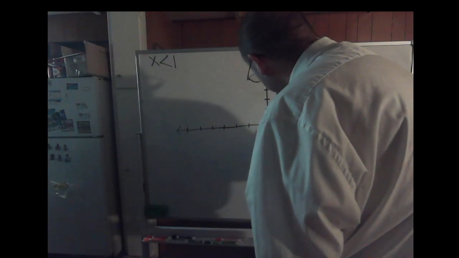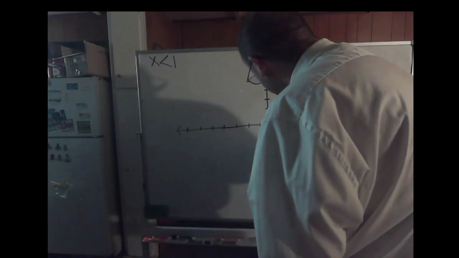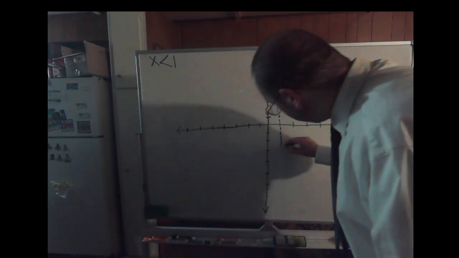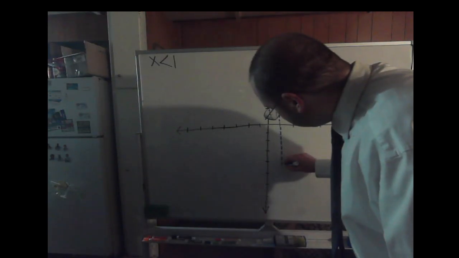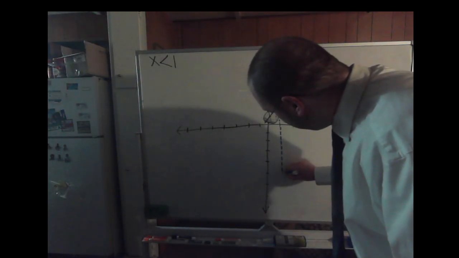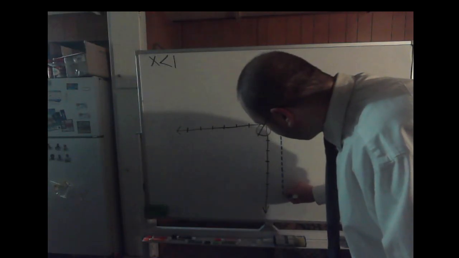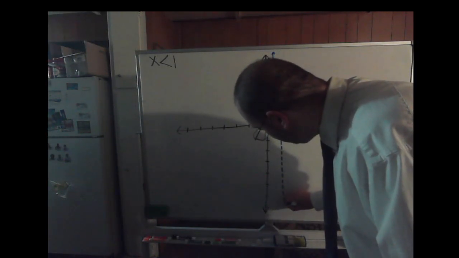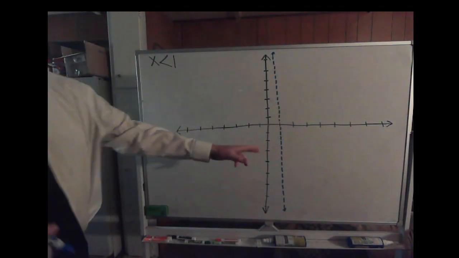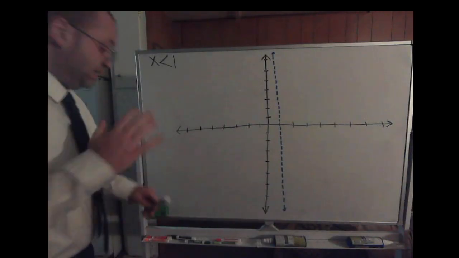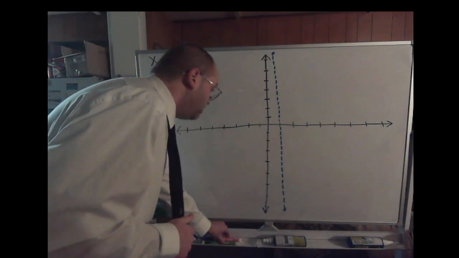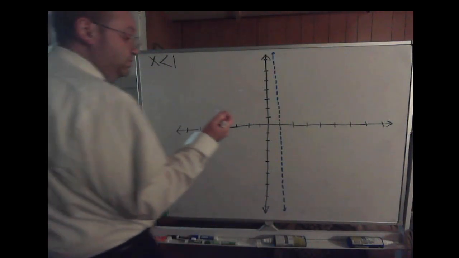So let me just draw my line here through x equals 1, but it's going to be a dotted line because it's just less than 1, so we don't want to include it. So there's the line through x equals 1, but it's dotted, if you notice, because we don't want to include x equals 1.